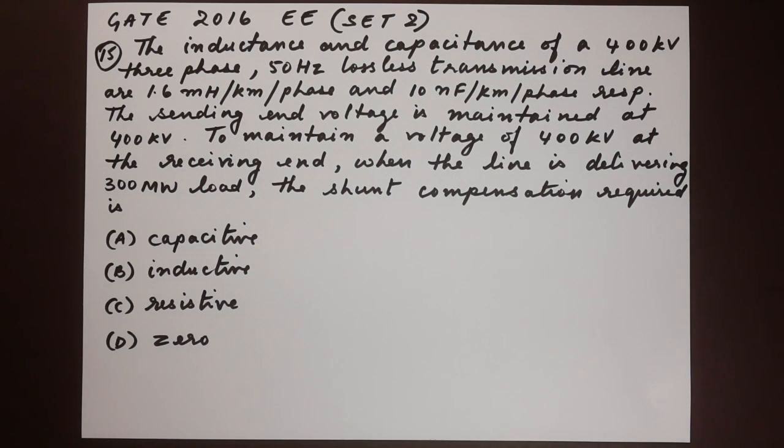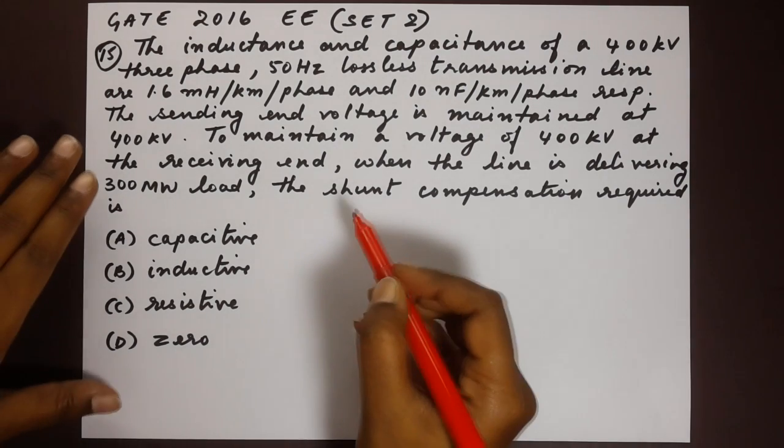To maintain a voltage of 400 kV at the receiving end, when the line is delivering 300 megawatts of load, the shunt compensation required is A. capacitive, B. inductive, C. resistive, or D. 0. Okay, so first you will have to understand what shunt compensation is.